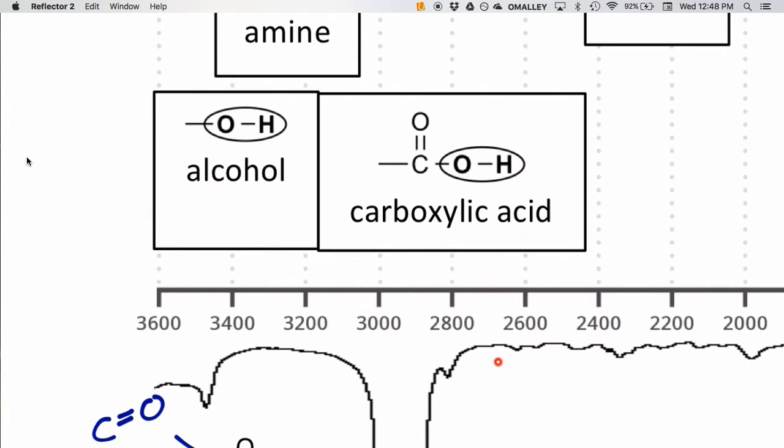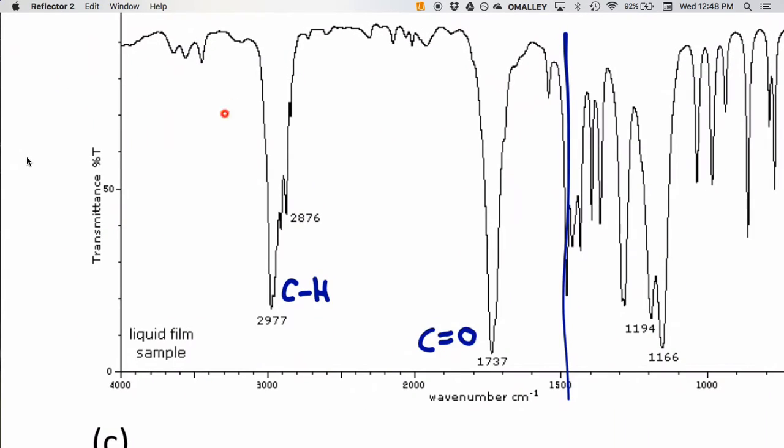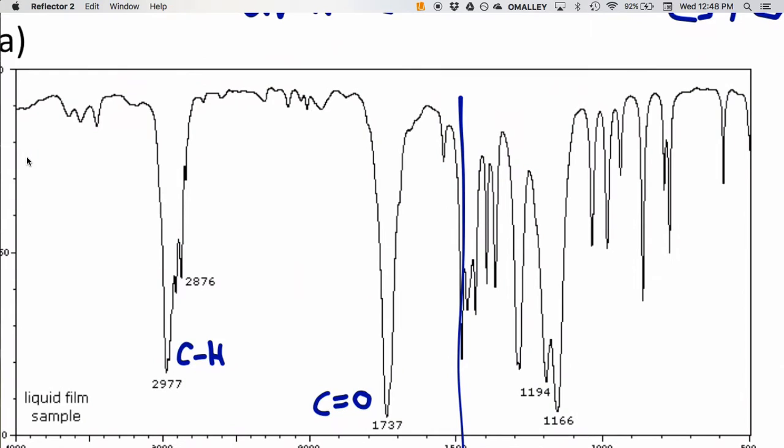So I should see something in the upper 3000s for this first example, and I don't really see a whole lot over here to the left. So I don't think it's the amide. This one happens to be the ester. There's nothing else interesting in the spectrum other than that CO double bond and that CH bond. So I want you to hit pause and try and do the other 3. Just match which one goes with which and see if you can identify a couple of peaks that prove why it's that spectrum.